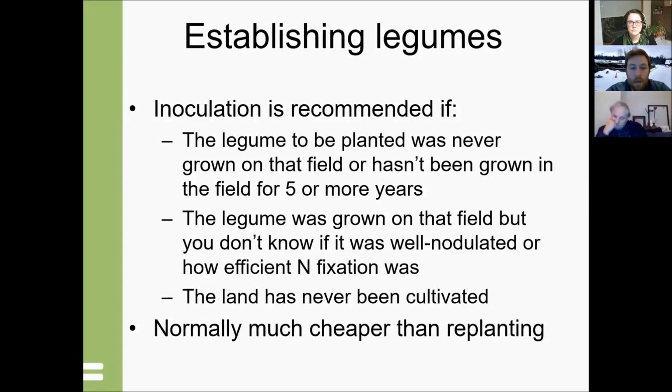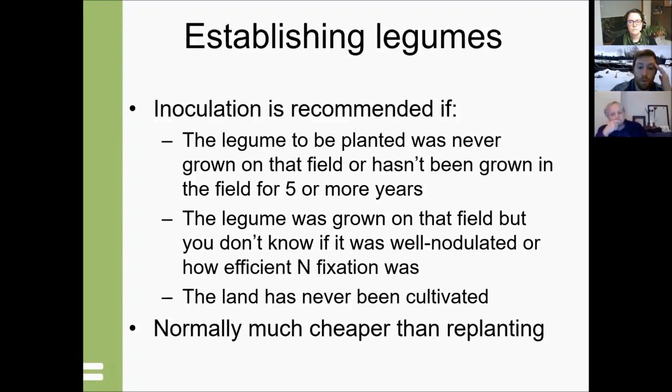So if you're establishing legumes, inoculation is usually a pretty good option just to make sure that things get off to a speedy start. If you are planting legumes on a field that has never had the legume that you're planting, inoculation is recommended.